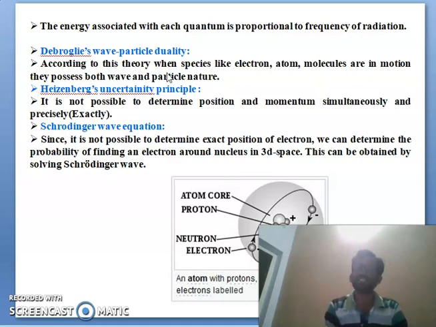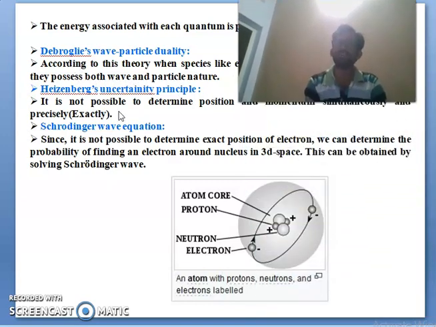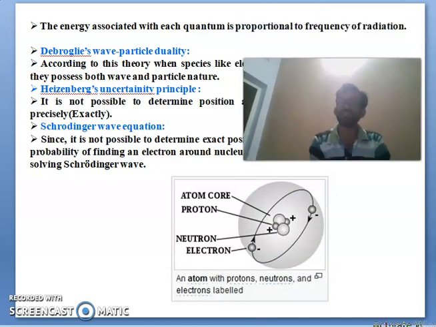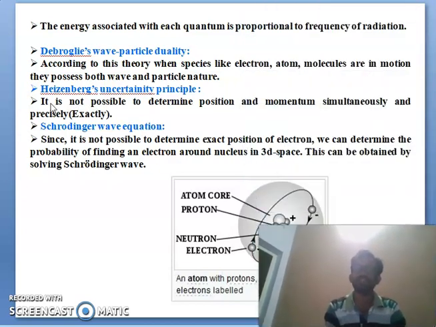According to this theory, when species like electrons, atoms and molecules are in motion, they possess both wave and particle nature. Then the Heisenberg uncertainty principle: it is not possible to determine the position and momentum of a particle simultaneously and exactly.